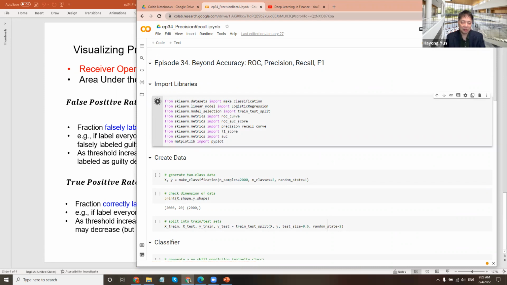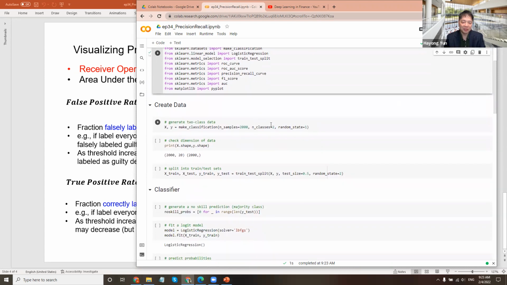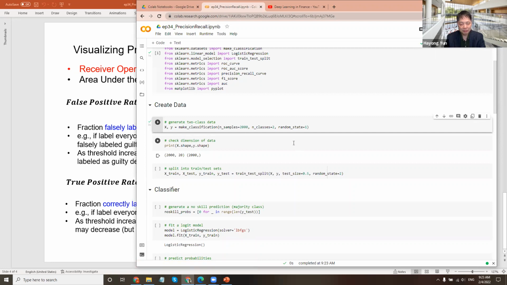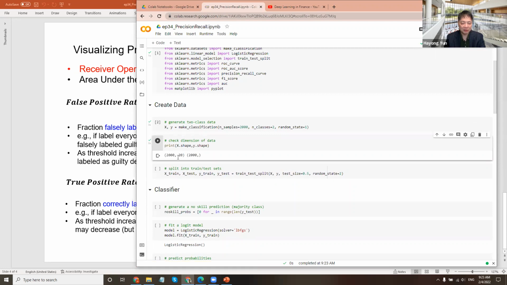So here are all kinds of libraries that we use: ROC curve, precision, recall. These are all pre-computed. There are packages for that, so you just have to call them, isn't it? So let's just generate 2 classes. I'm just generating 2,000 examples and 2 classes, with a random state. Okay. And check the dimension of the data of the innocent and guilty.